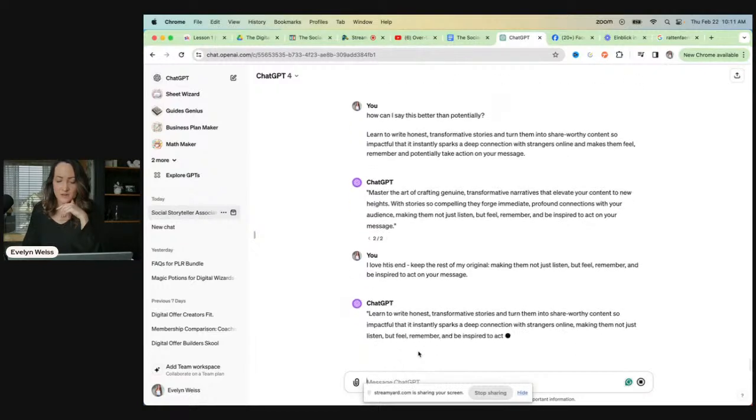Learn to write honest, transformative stories and turn them into share-worthy content so impactful that it instantly sparks a deep connection with strangers online, making them not just listen, but feel, remember, and be inspired to act on your message. Take action is better, I think. And maybe there is a clearer word than message.